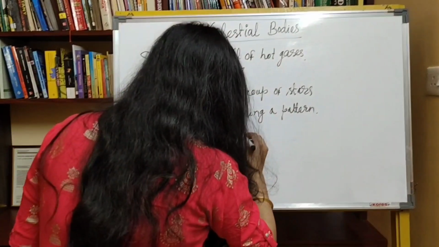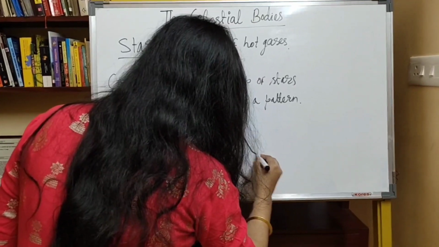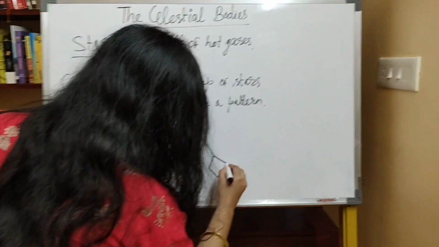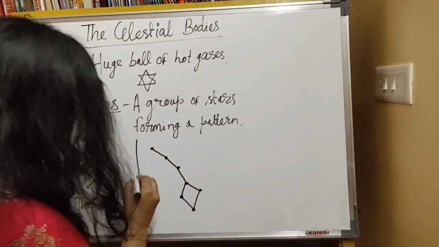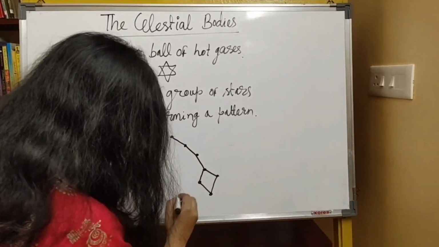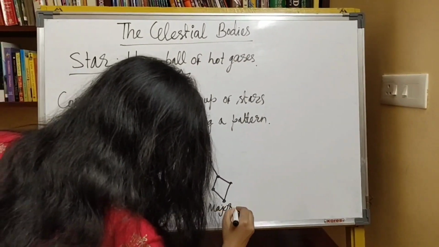That is your Ursa Major. So these are the common constellations that we see generally in the night sky. It can be seen with the naked eye or under a telescope. This is called Ursa Major or the Great Bear.